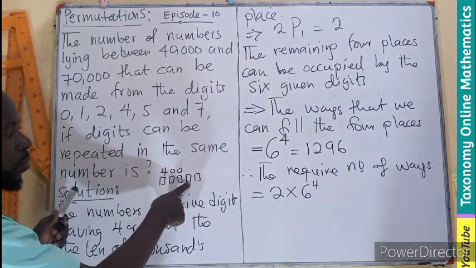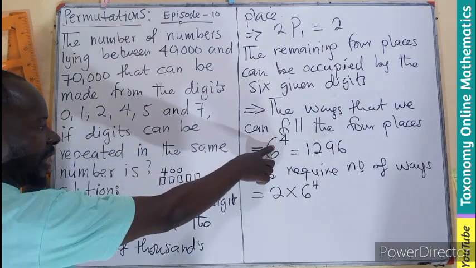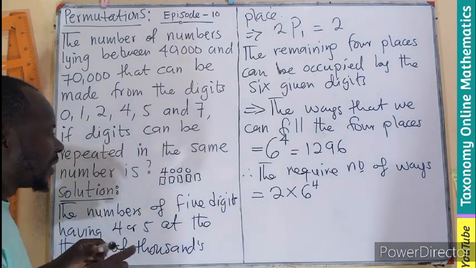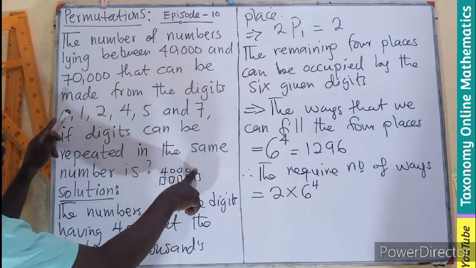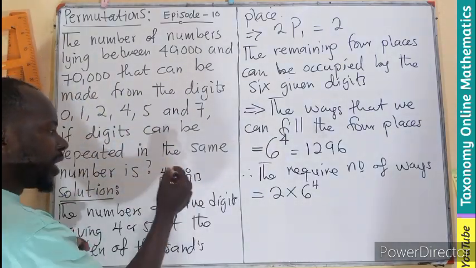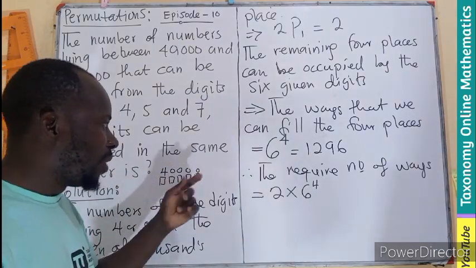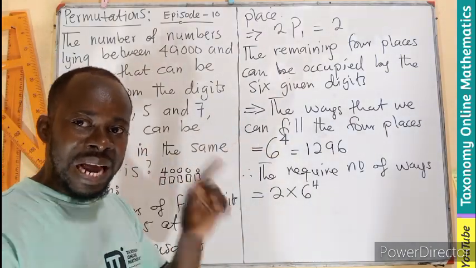How about the fourth position? I am still going to choose from all the 6, so I may still have 0. Then the last position, since I am still left with all the 6 digits, it could be 0.